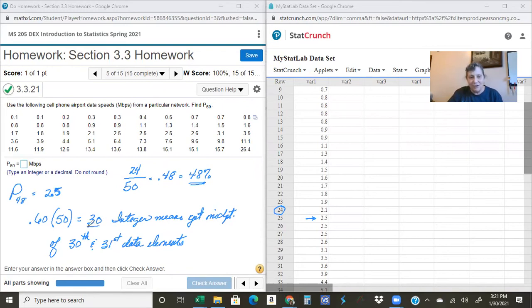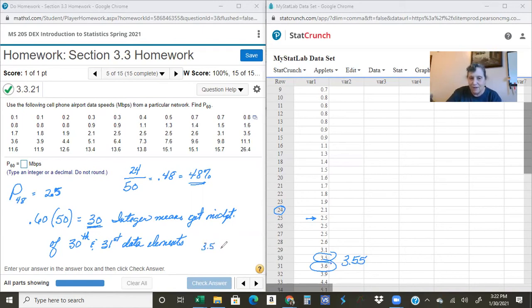But if this is an integer, you're supposed to get the midpoint between the one in this spot and the next one up. So at 30, we've got 3.5. At 31, we've got 3.6. Halfway between 3.5 and 3.6 is 3.55. If it wasn't easy to calculate, then you'd want to get the midpoint by adding these two together and dividing by 2.